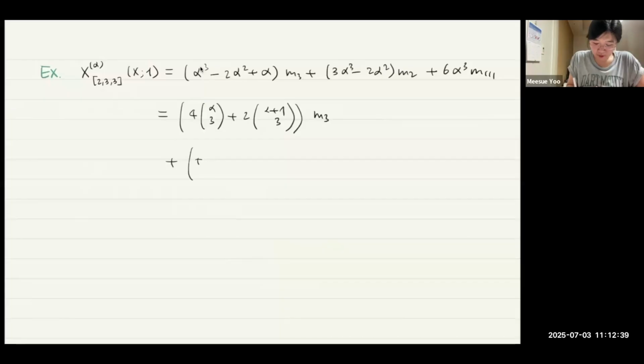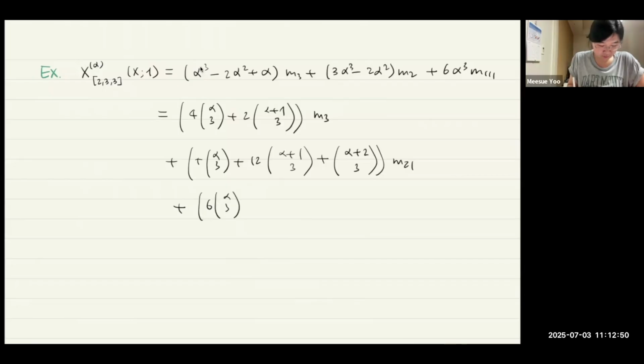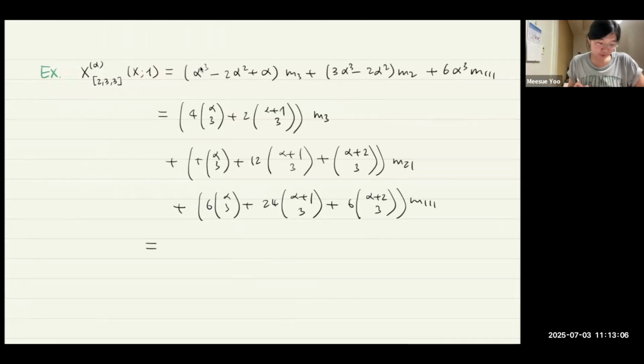Let me write down everything. In terms of this alpha plus k choose n basis, they become monomial positive. And it's the same for other binomial coefficient expansions.